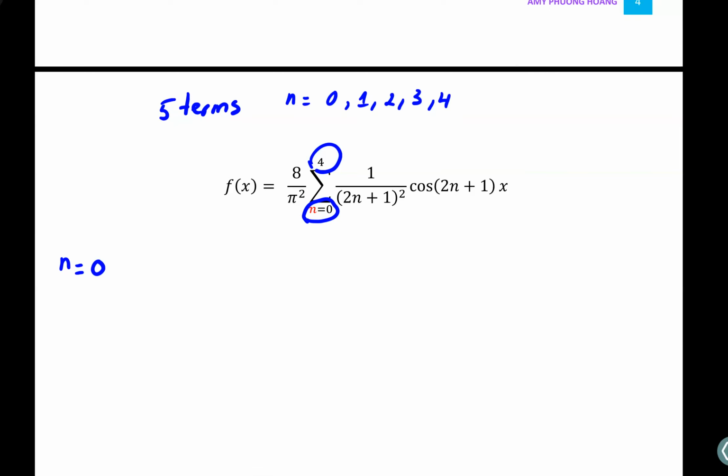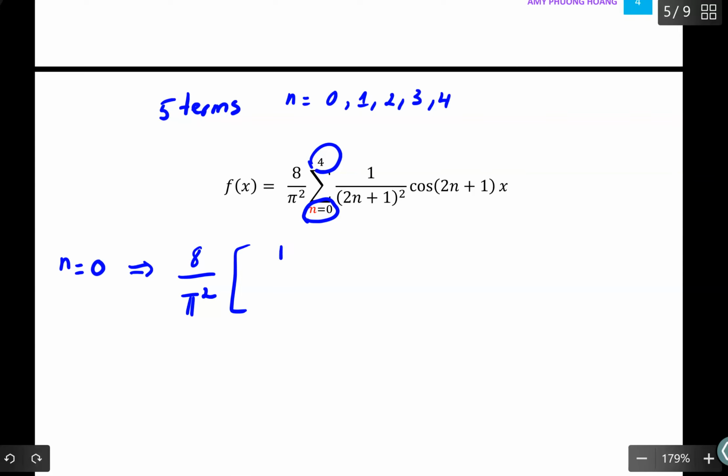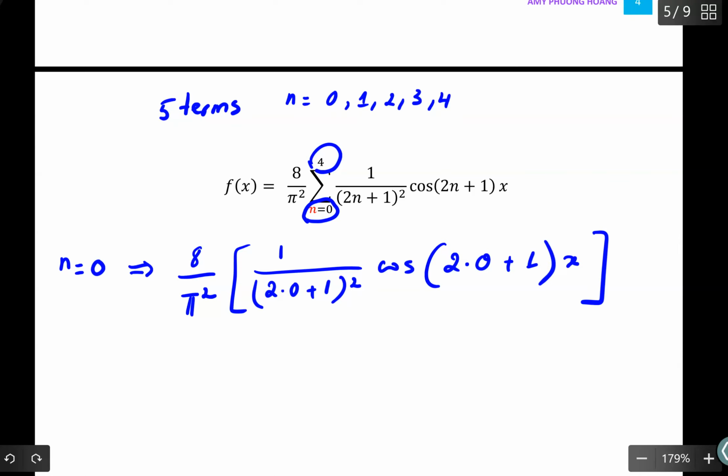When n equals 0, I will have a over pi squared, times 1 over (2 times 0 plus 1) all squared, times cos of (2 times 0 plus 1) x, and close the bracket.